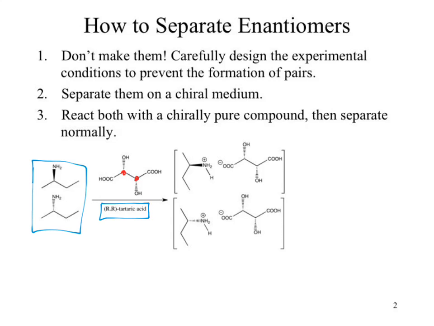We then react that with our enantiomeric mixture. Okay, in the process of doing that, we're going to run an acid-base reaction. Our nitrogen carries a positive charge, and then our tartaric acid carboxyl group will carry a negative charge.